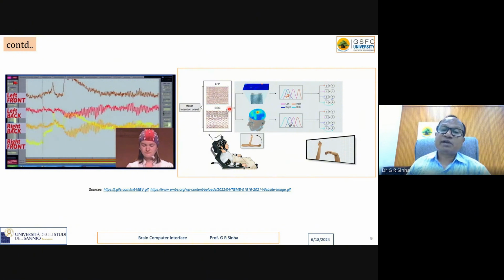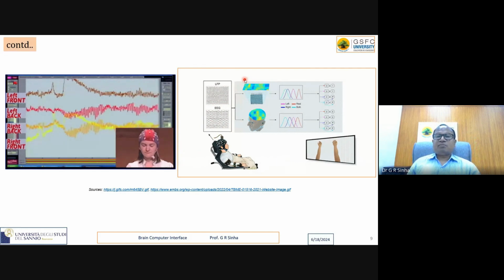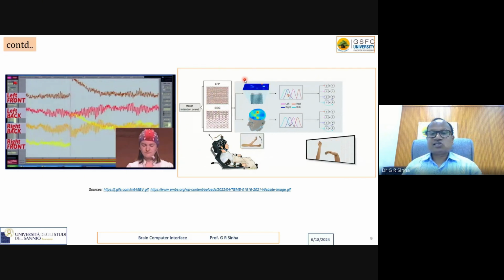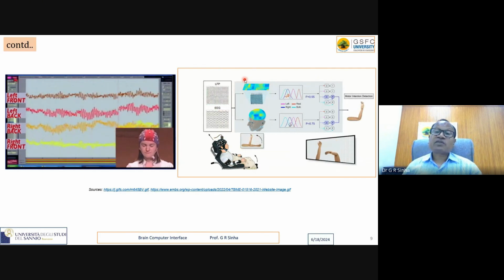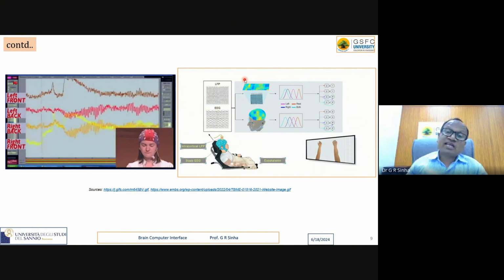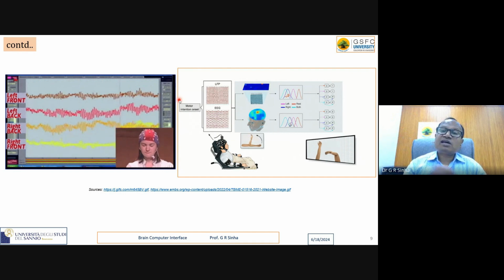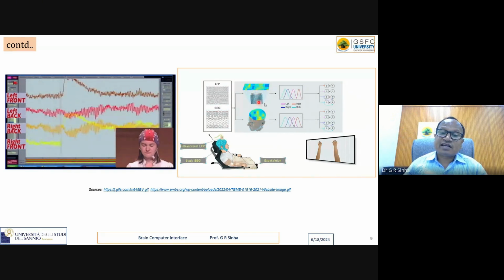EEG I have already explained, that is electroencephalograph. What is LFP? I think this term was present yesterday also. LFP is local field potential. Why is it called local field potential? Because in case of LFP, you can see an integrated circuit. Look here, integrated circuit.